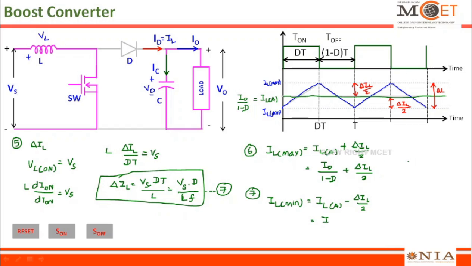So this becomes I0 divided by 1 minus D minus delta IL by 2, which is equal to IL minimum. These are the next two expressions, expression number 8 and expression number 9, which are of importance. Let me take expressions 8 and 9 to the summary board.